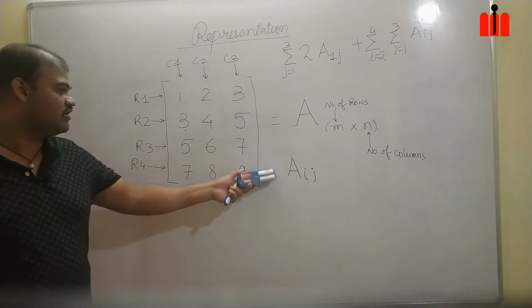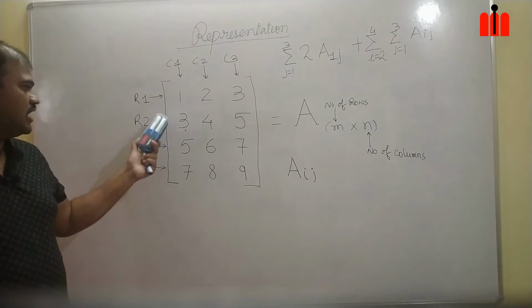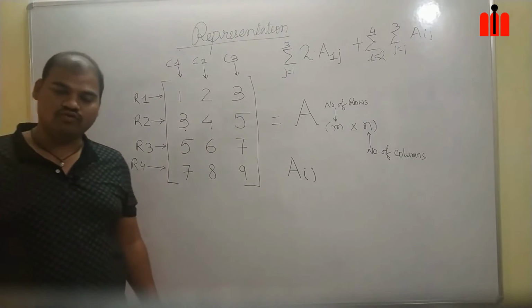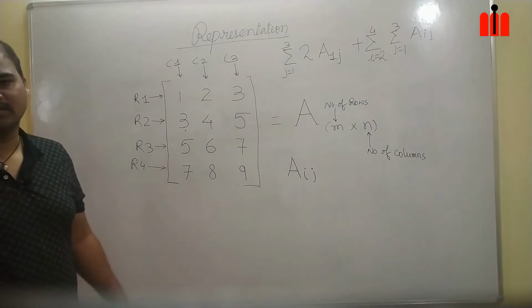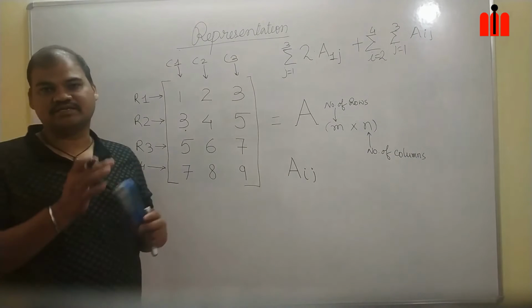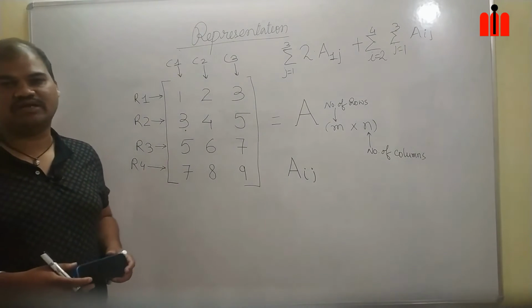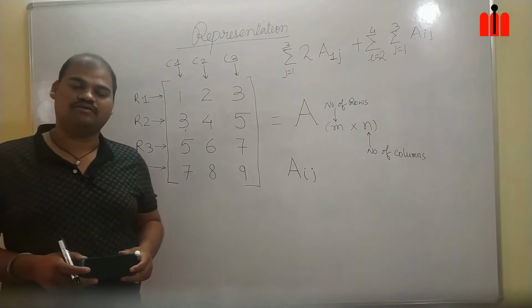Like that, we covered the elements from row 2 to row 4. Are you getting it? Not only this, if a square matrix is there, we will discuss square matrices in the types of matrices.